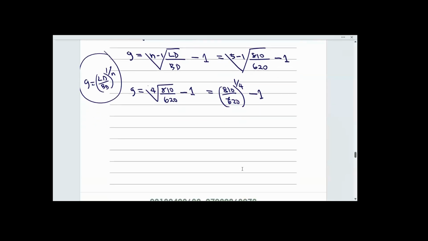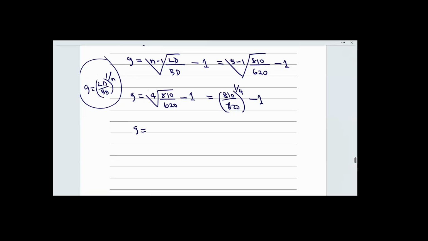Now, mathematically, I don't need to be using step by step. It's a waste of time. So I will just carry my calculator. I know that 1 divided by 4 is 0.25.